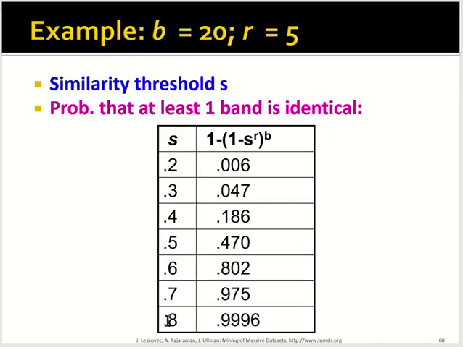If we have the threshold of 0.8, we have a probability of 0.9996 that at least one band is identical between the columns C1 and C2.